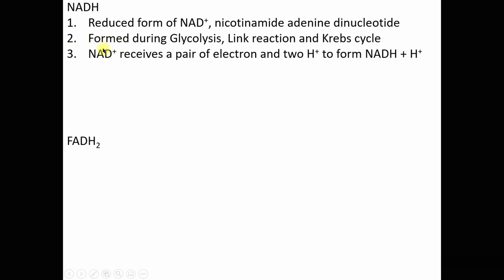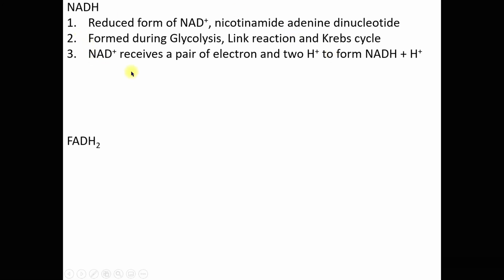And then NAD plus receives a pair of electrons and two hydrogen ions to form NADH with the excess hydrogen ion. So NAD plus receives a pair of electrons and two hydrogen ions, but NADH only carries and transfers a pair of electrons and one hydrogen ion.